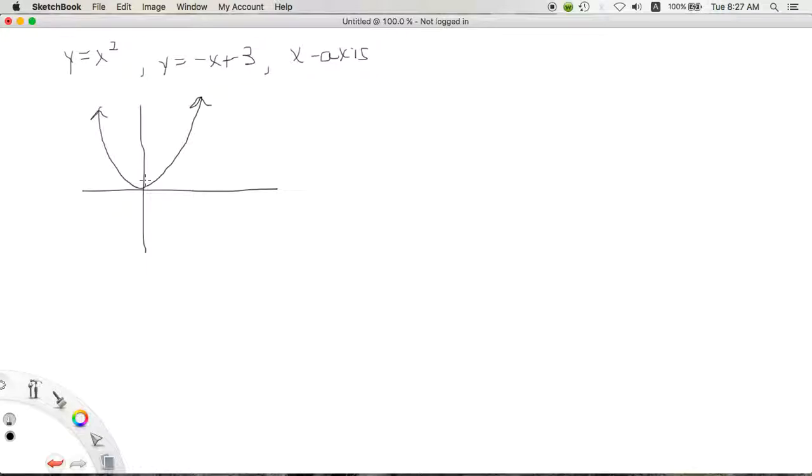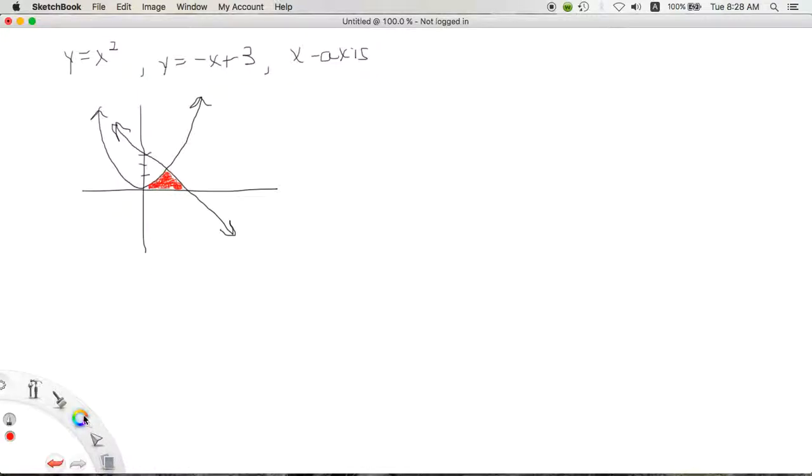But the sketch on your paper will help you see where you are finding area. So we've got our line and our parabola and the x-axis. So what we're looking for is this area right in here between these three functions, two lines and a parabola.